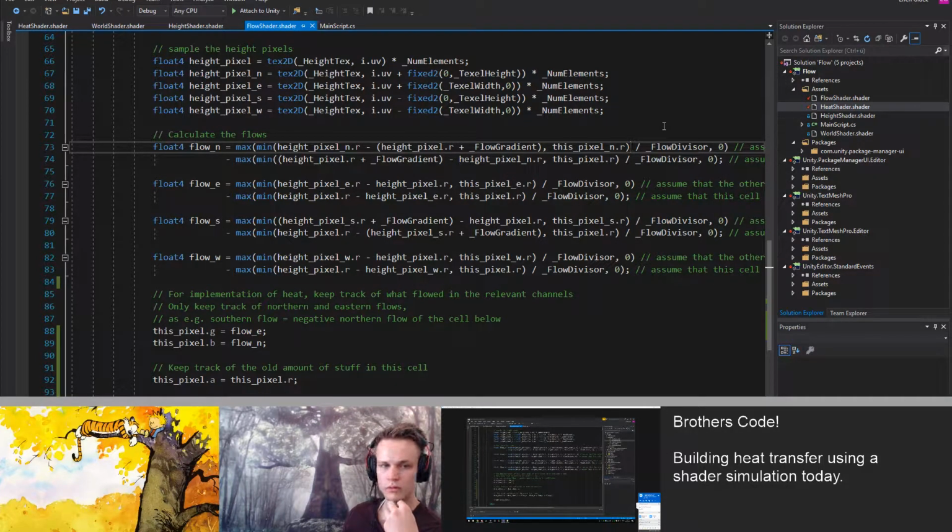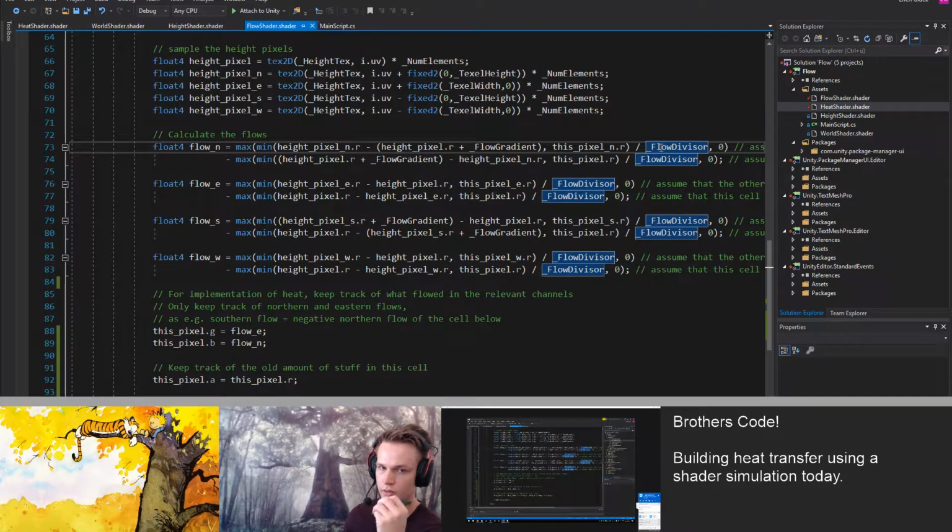But hold on, isn't this pixel north dot r the sum of all in the north? Yes. But doesn't the north also flow east and west, and therefore you can't take that much? That's why you have the flow divisor. Oh, right. Okay.